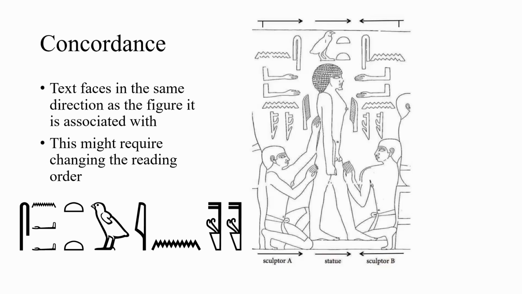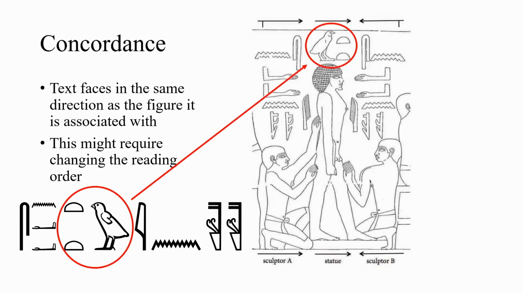As you can see, the word for statue, which is in the middle of the sentence itself, gets taken out of the sentence and put above the statue and is oriented in the same direction, to the right, as the statue. Meanwhile, the rest of the sentence is reduplicated for the two workmen facing each other, and the reduplicated sentence matches the orientation of the workmen themselves.